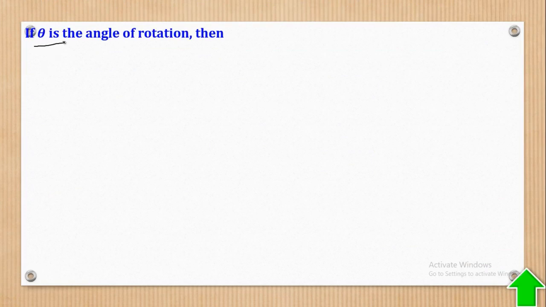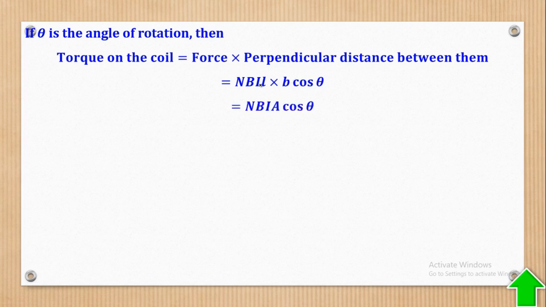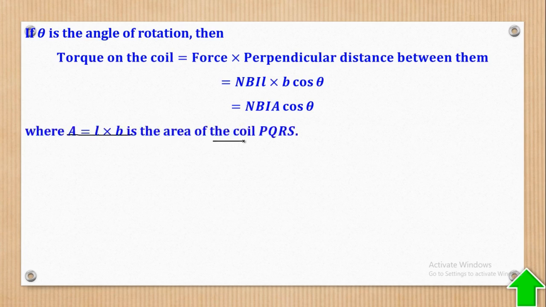So you say that if theta is the angle of rotation, it implies that the torque on the coil is equal to force times the perpendicular distance between them. The force is this, and the perpendicular distance will be B cos theta. You resolve. So when I rearrange, remember L times B gives you the area of that coil, which is A, where A is equal to the area of the coil PQRS.